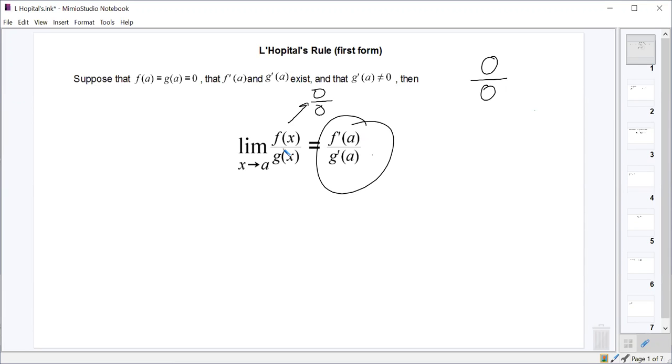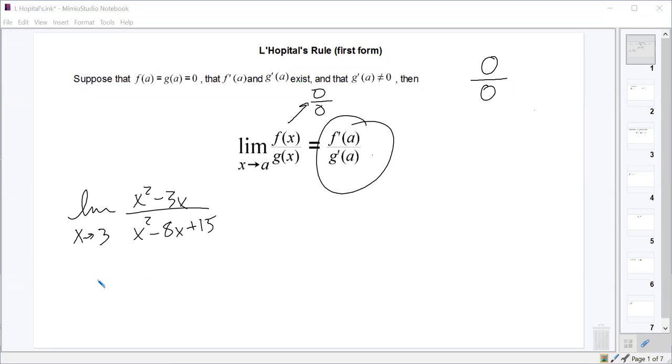Okay? So let's take a quick look at how we might do this. If that sounds easy to you, that's because it is, for the most part, fairly easy. Suppose I asked you for the limit as x approached 3 of x squared minus 3x over x squared minus 8x plus 15. This is a limit. So what's the very first thing we should do to our limit?